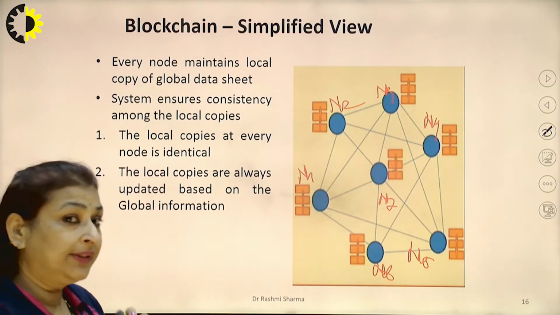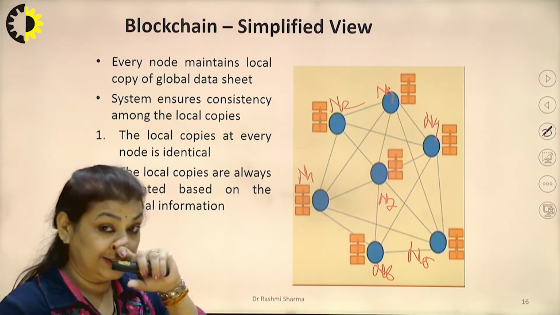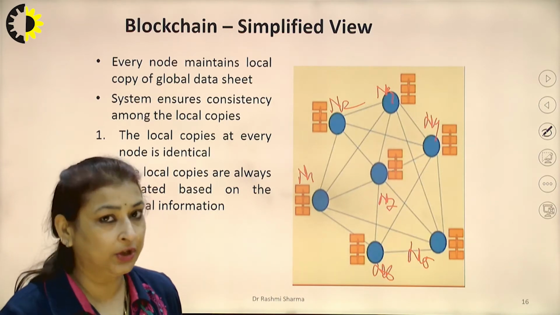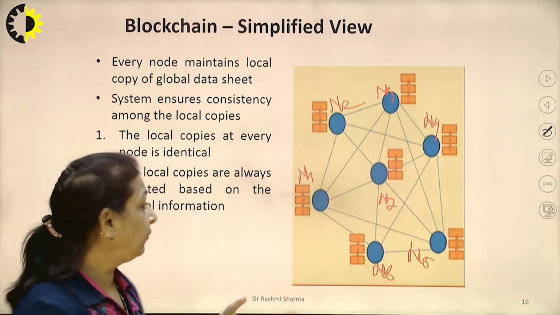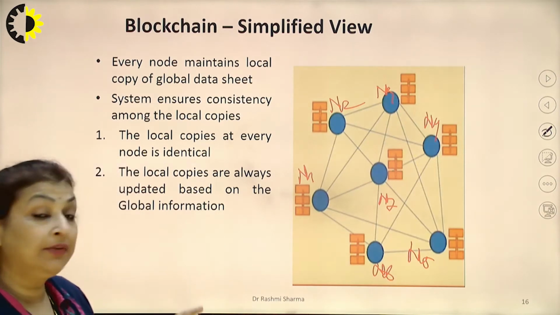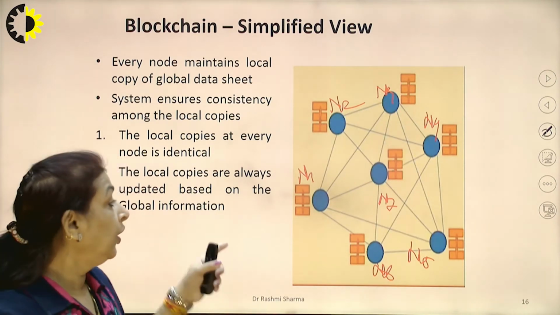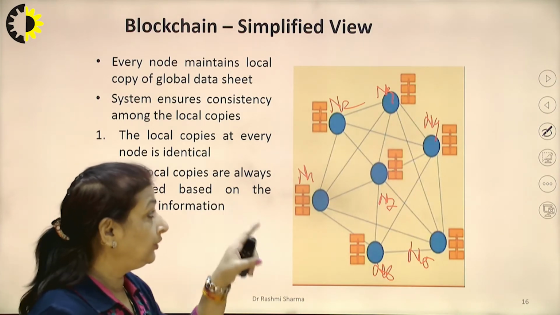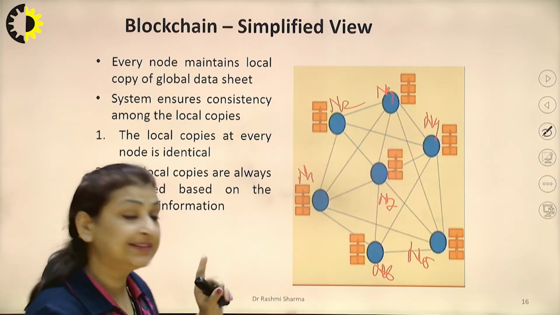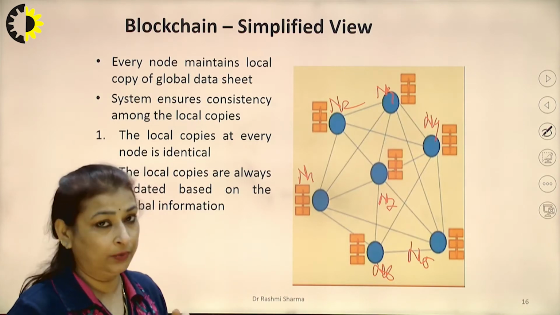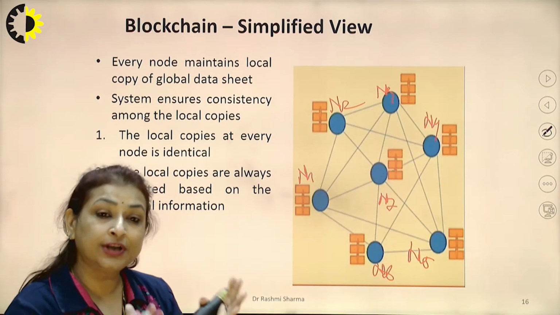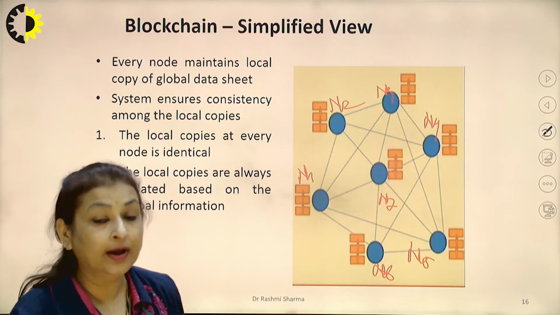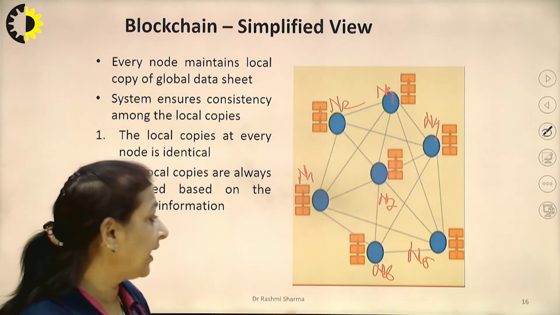Whenever N5 makes a change, it would first make the change in the local copy. Then it would distribute that updated information to each and every node, so that N1, N2, N3, N4, N6 and N7, all those nodes have a synchronized copy of the update which was done by N5.